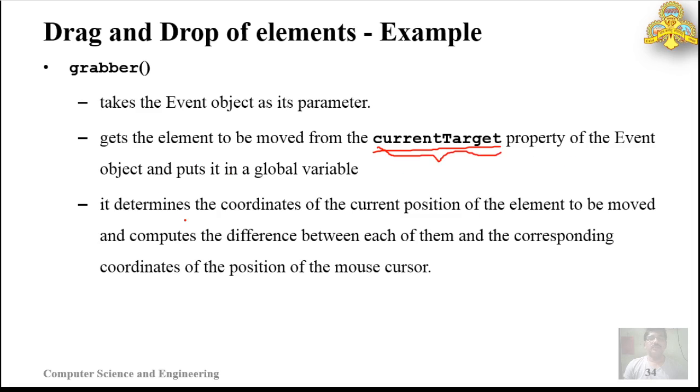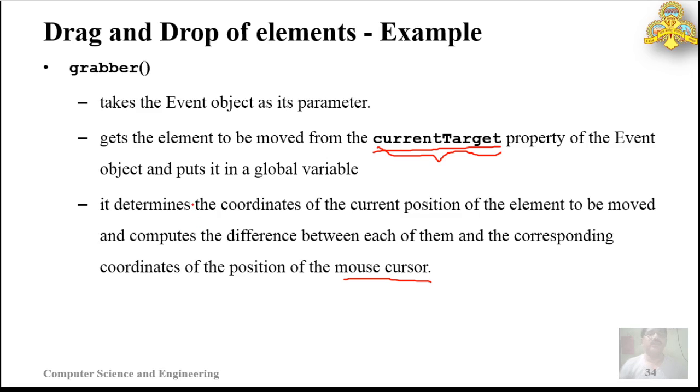It also determines the coordinates of the current position of the element to be moved and computes the difference between each of them and the corresponding coordinates of the position of the mouse cursor. So the mouse pointer's location and the current position of the element are both identified and their difference is calculated.